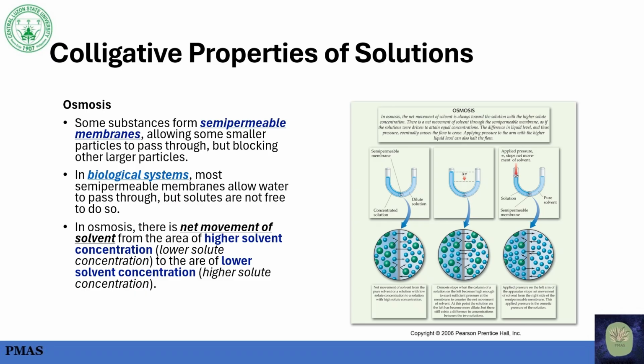Now, in biological systems, most semi-permeable membranes allow water to pass through, but solutes are not free to do so. So in osmosis, there is a net movement of solvent from the area of higher solvent concentration, or low solute, to the area of low solvent concentration, or higher solute concentration.